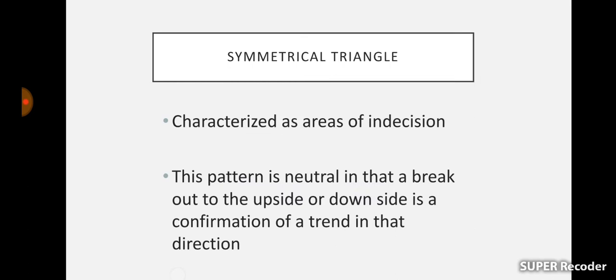So let's discuss the symmetrical triangle. Symmetrical triangles are characterized as areas of indecision. This pattern is neutral in that a breakout to the upside or downside is a confirmation of a trend in that direction.